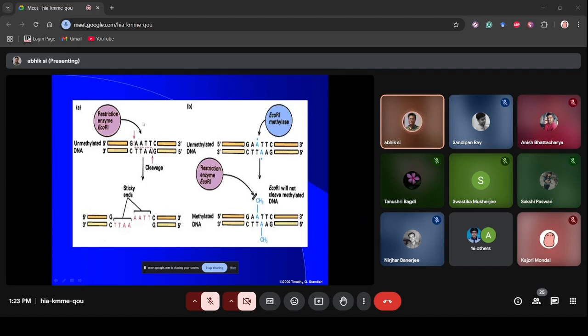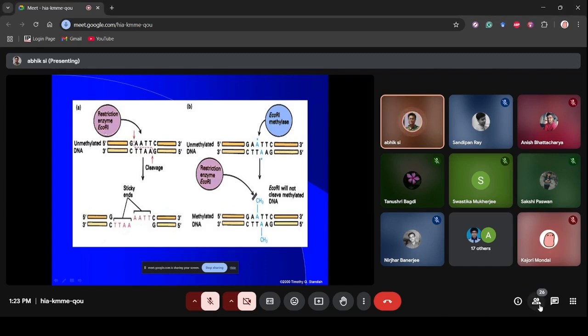I told you that restriction endonuclease is produced by bacteria, and different types of restriction endonucleases are produced by different types of bacteria. One particular bacteria, for example E. coli, Escherichia coli, you have definitely heard the name, produces a restriction endonuclease known as EcoR1.